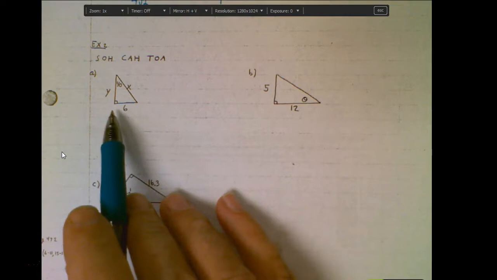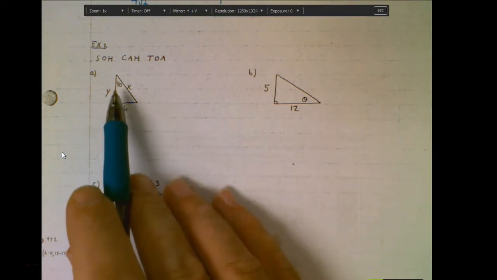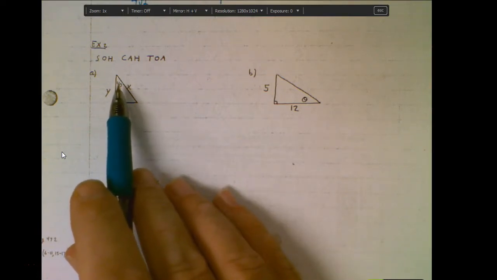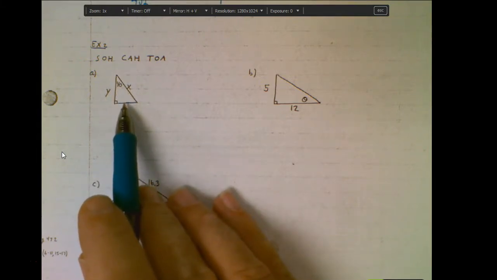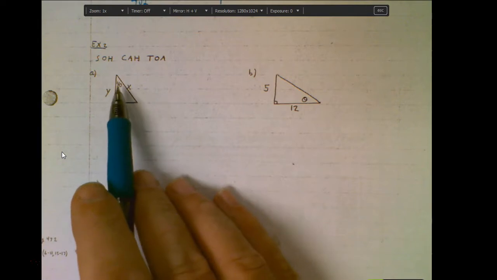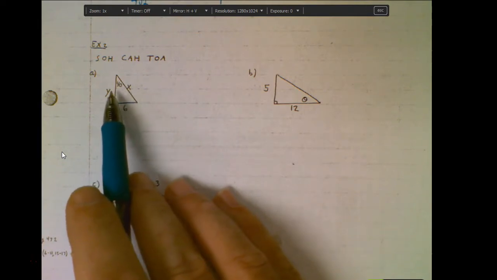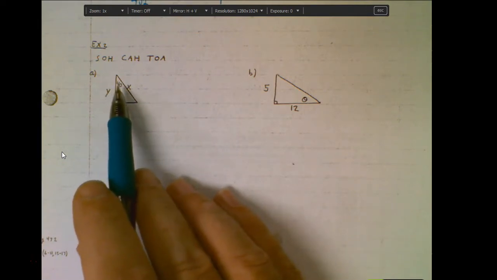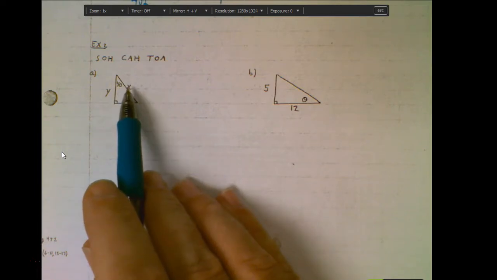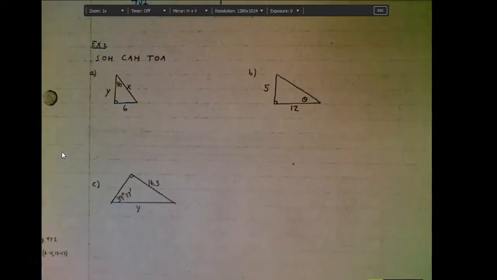Whenever you're looking at a right triangle like this, from any acute angle, the leg across from that we consider to be the opposite leg. The leg that is next to your angle is the adjacent leg. And then the hypotenuse is always the hypotenuse, no matter what angle you're working with.